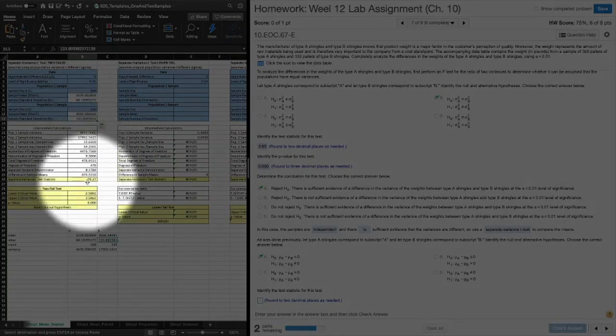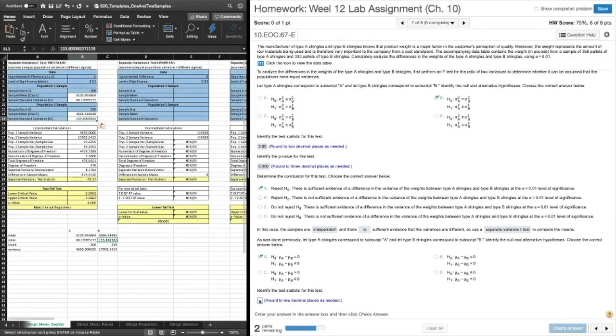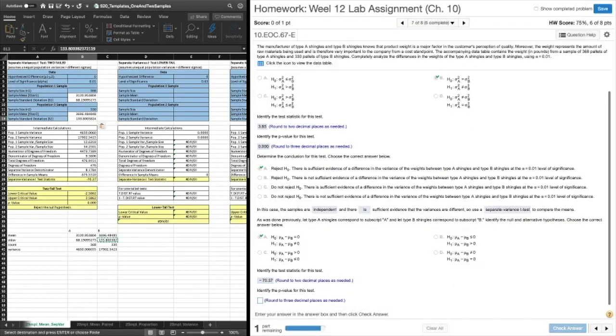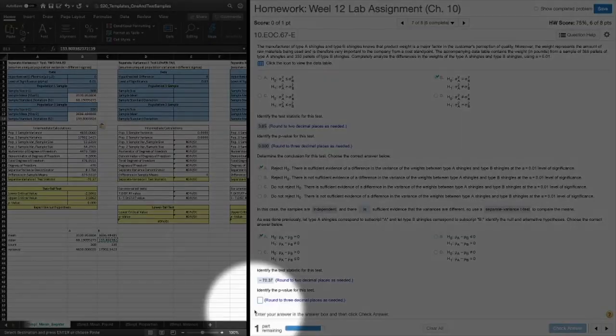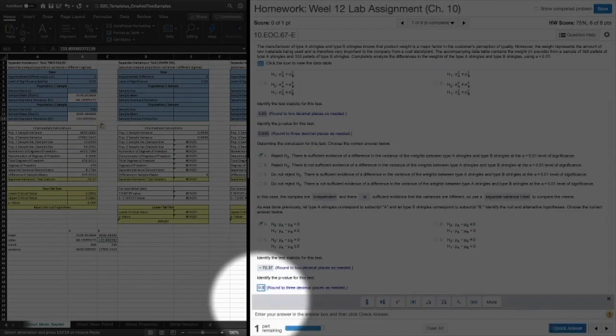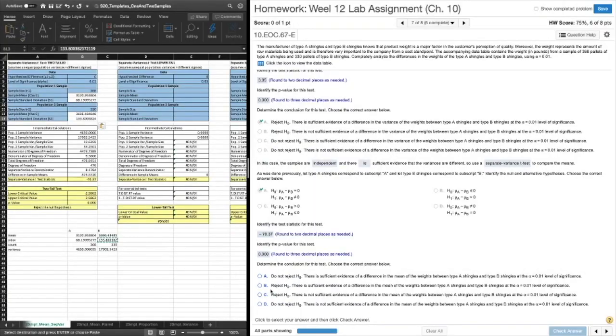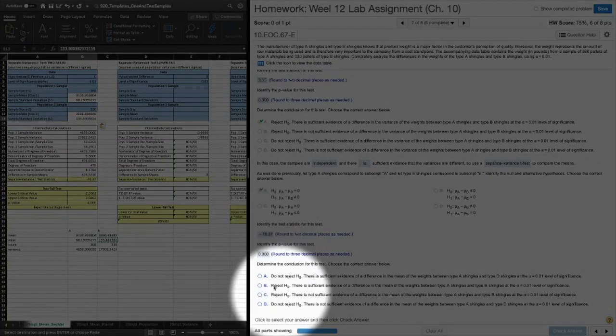And we got our answers right here. The test statistic is minus 70.37, 2 decimal places. P-value for the test, very low. It's 0.00 again. And of course, with a p-value that low, we reject, and there's always sufficient evidence.